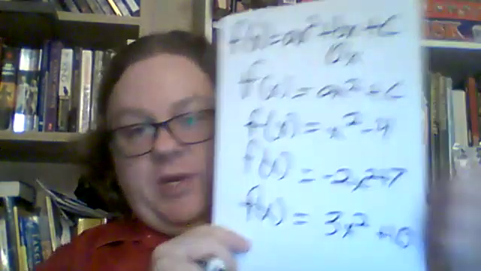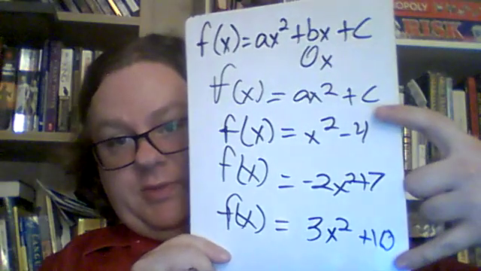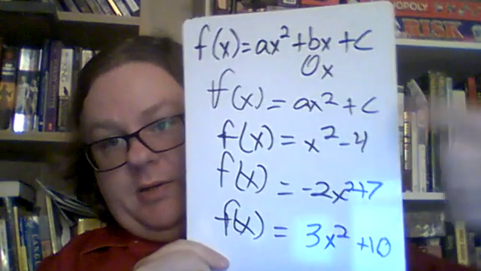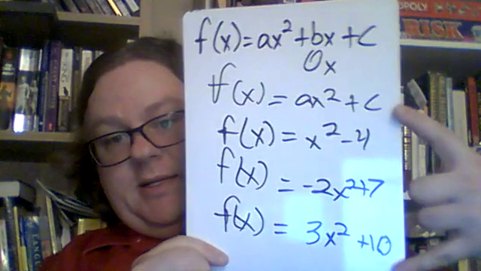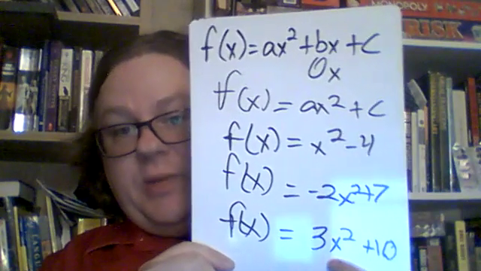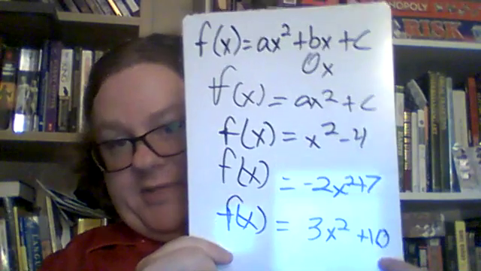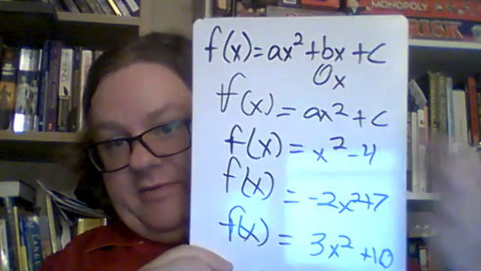These are the kinds of equations we're going to be working with. So that's what ax squared plus c means: we've got a number in front of the x squared, could be positive, could be negative, and we've got a number after the x squared, could be positive, could be negative. And then it shifts and changes the graph in certain ways.